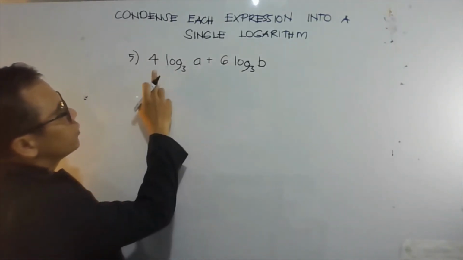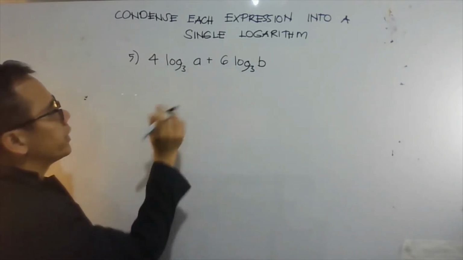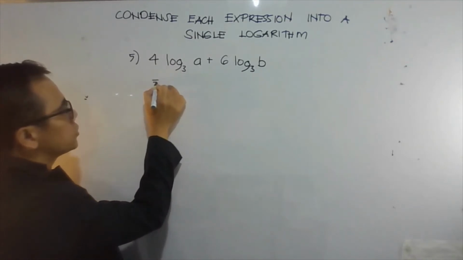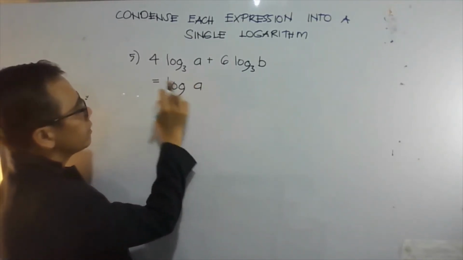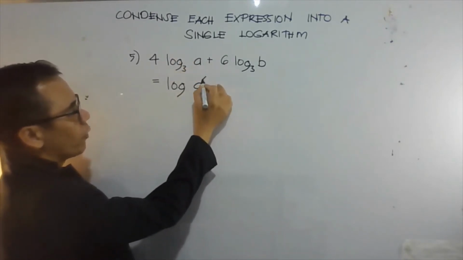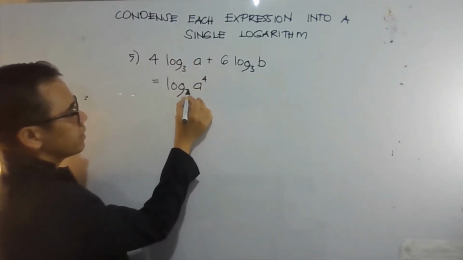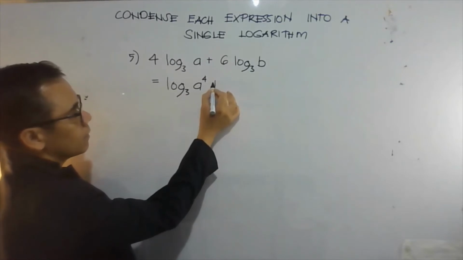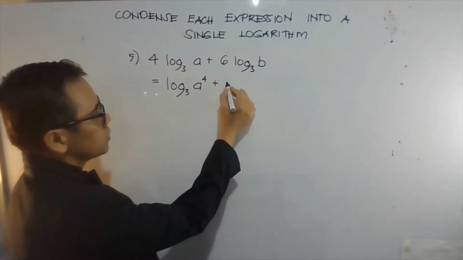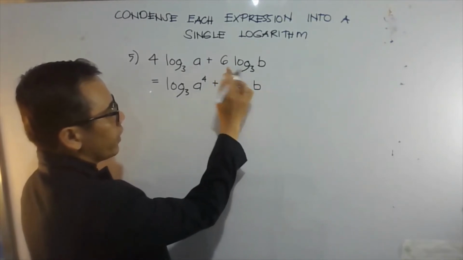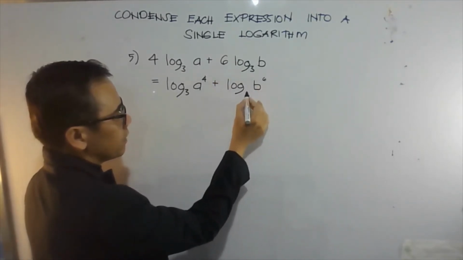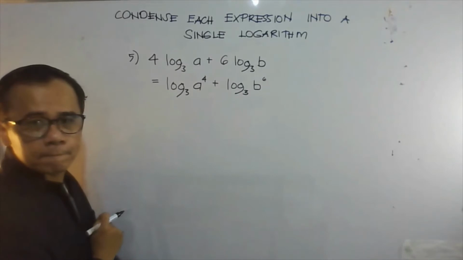We have to apply the power rule, wherein this will be equal to the log of a raised to the power of 4 base 3 plus the log of b raised to the power of 6 base 3.